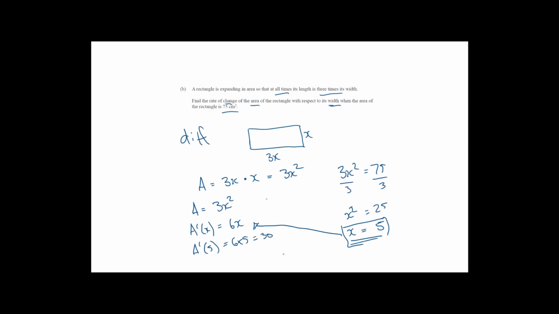Now what's the unit going to be? So 30, I guess it's going to be centimeters squared per centimeter, I guess, which is going to cancel, so it's going to be 30 centimeters.